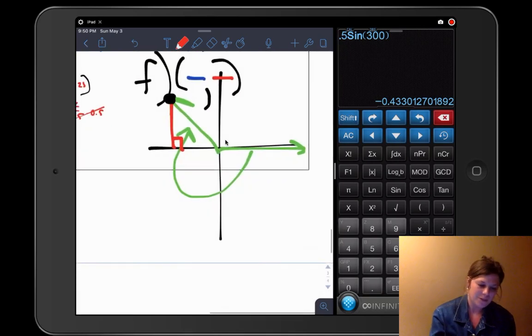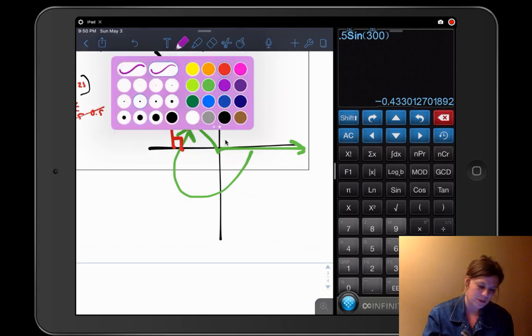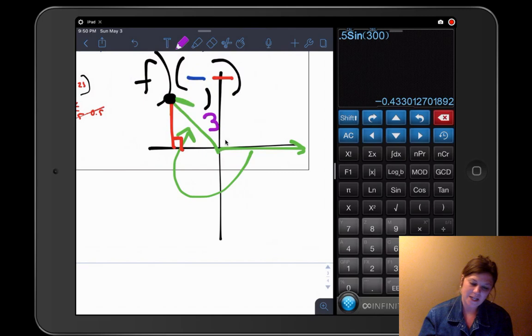Okay, so I'm going to skip some steps on this one. I'm going to say that my length was 3 for this question. So my X is always cosine, so it's 3 cosine. And then this was negative 5 pi divided by 4.